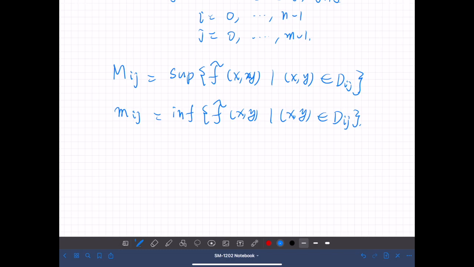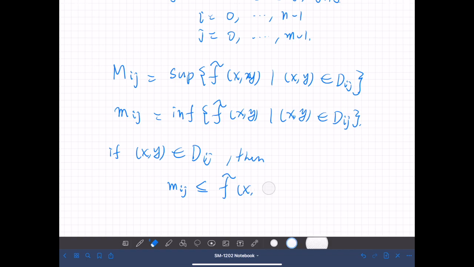So that means if (x, y) is in Dij, then we have lowercase mij less than or equal to f tilde (x, y), which is less than or equal to uppercase Mij.